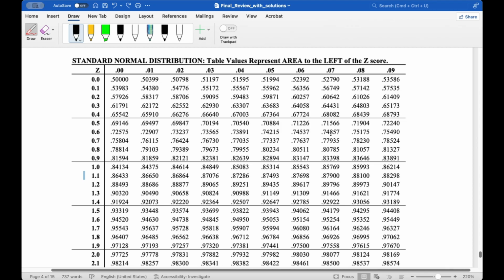It's kind of close here between 0.74857 and 0.75175. They're both really close. The 0.74857 is slightly closer, and that z-score value is 0.67.